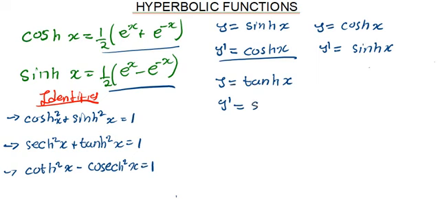Hyperbolic sec squared of x, which I believe is also equal to 1 over hyperbolic cosine squared of x.